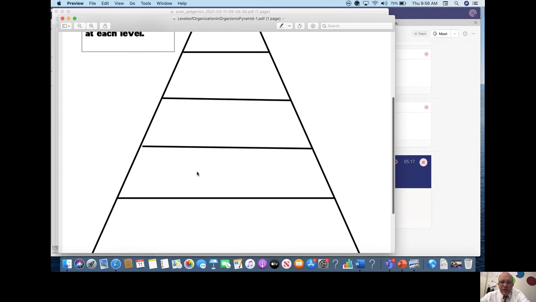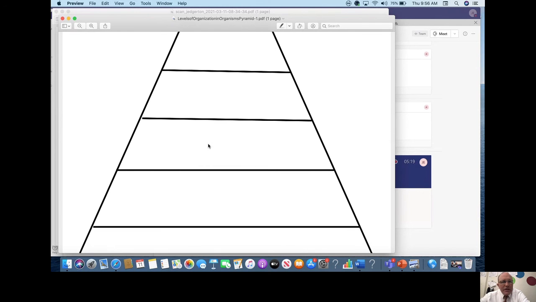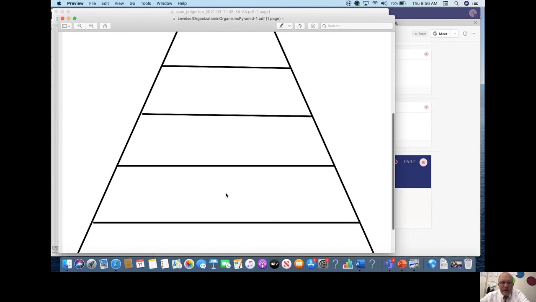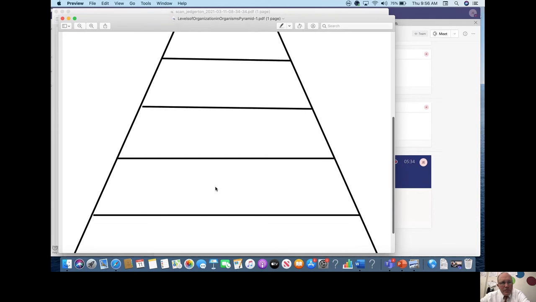Then these cells combine to make tissue. Okay, so tissue is the component or the main building material for organs. And then you have the next level here, the organs, for example the heart, the kidneys, liver.